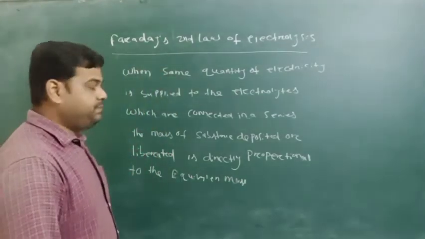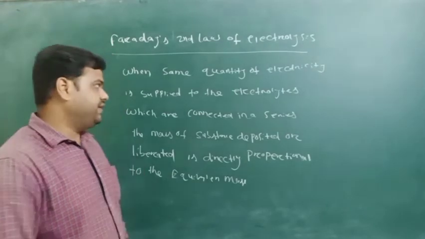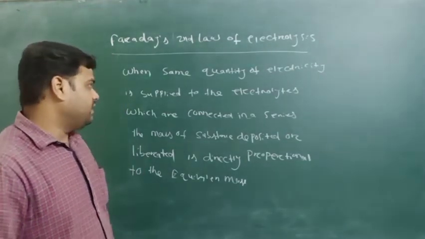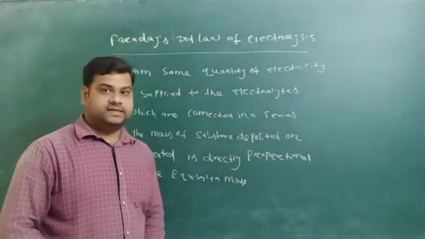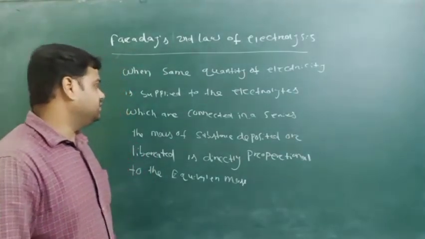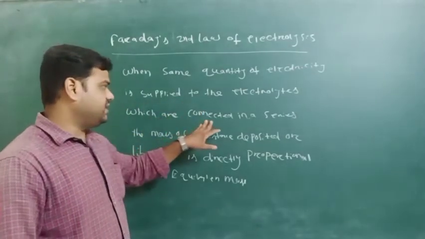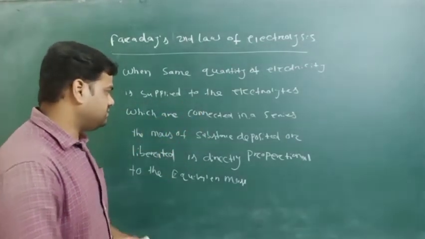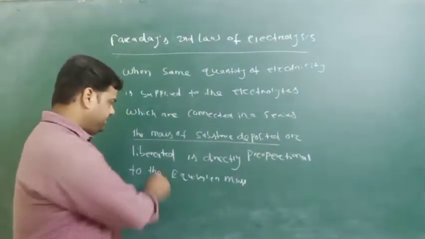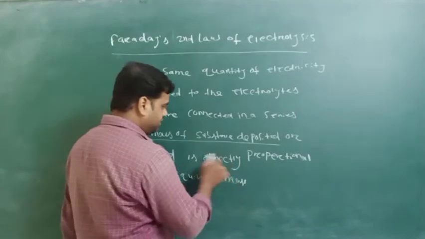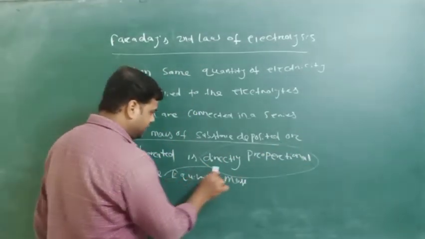So here we have taken three electrolytes connected in series, and the same quantity of electricity is supplied to them. The mass of substance deposited or liberated is directly proportional to the equivalent mass.